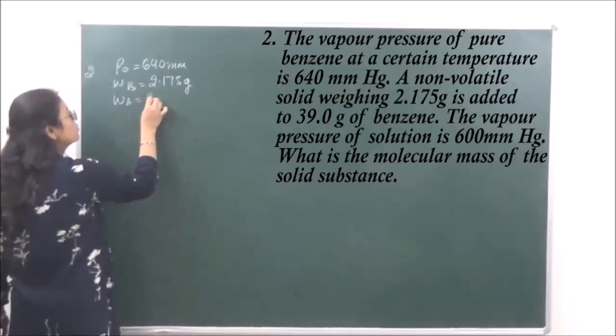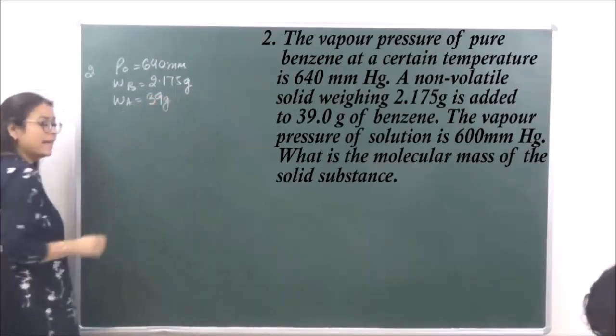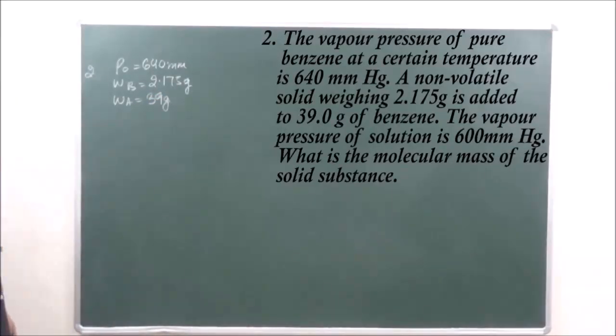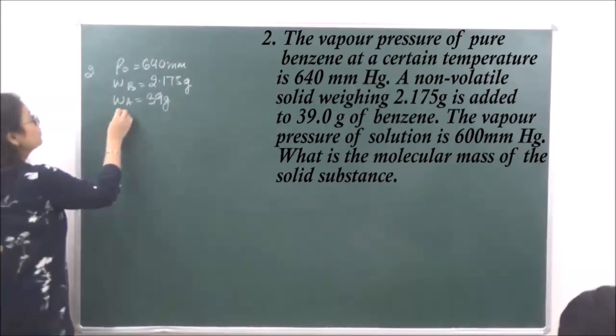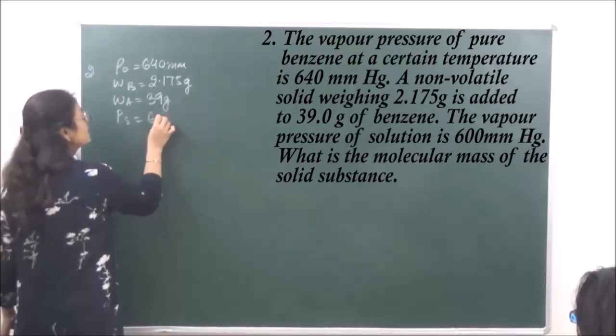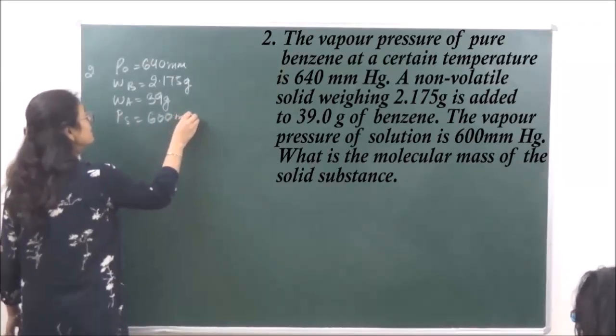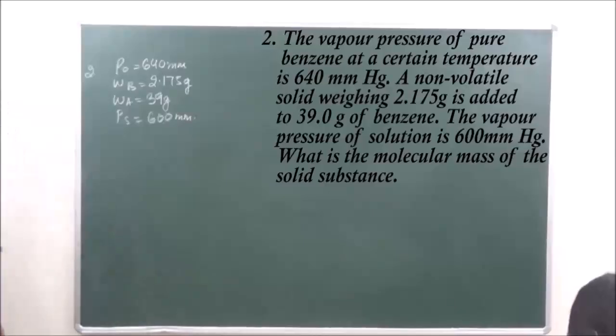WA is 39 grams. Right? The vapor pressure of solution is 600 mm. So PS is also given as 600 mm. We have to calculate the molar mass of the solid substance.